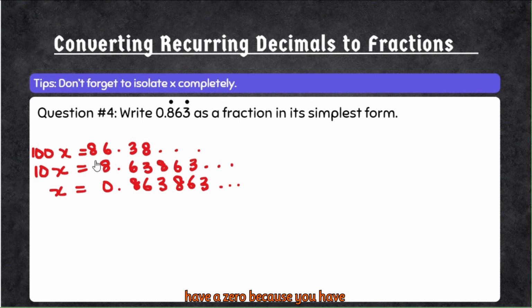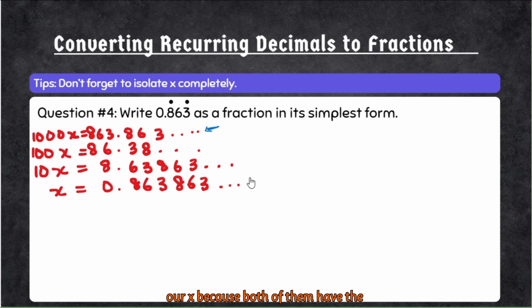We still don't have a 0 because we have 3, 6, and 8 after our decimal. Moving on, we're going to have 1000x, that would be 863.863 and so on. Now you can see that 1000x matches with our x because both of them have the digit 8 after the decimal point.